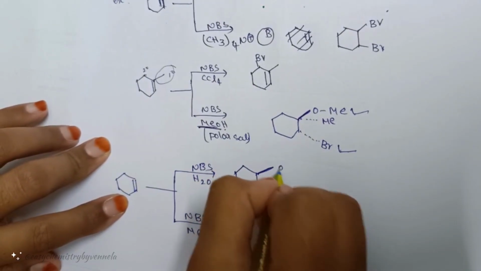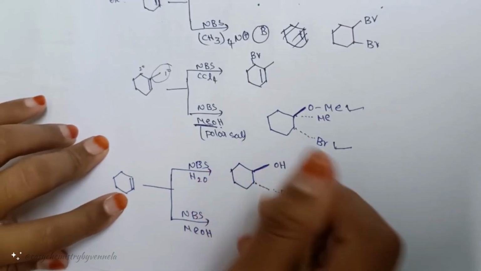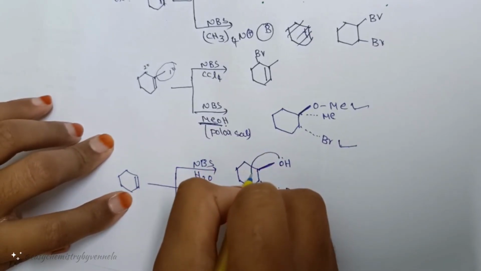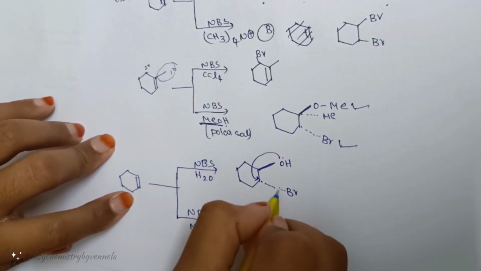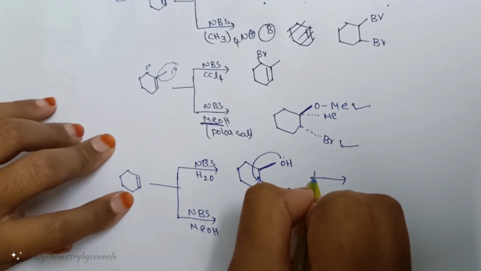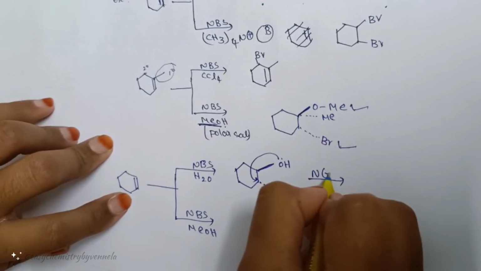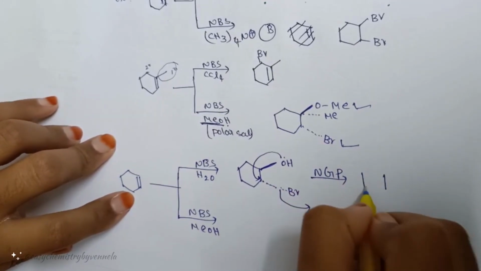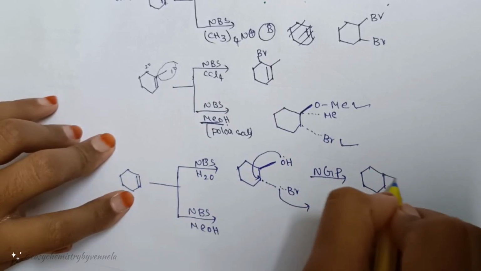The negative part will attack opposite to that, above the plane. Here oxygen attacks here by removal of bromine. This is neighboring group participation. It can form epoxides.